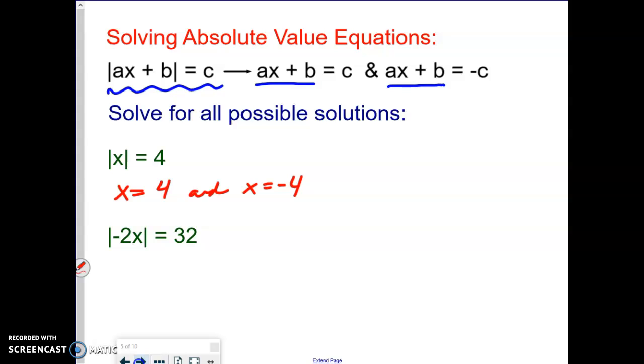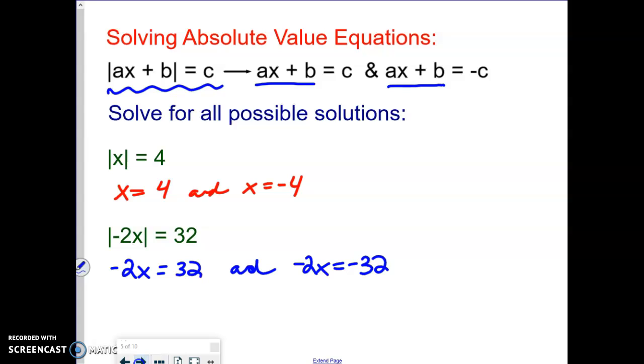So the next example, I've got negative 2x as my algebraic expression, and that is equal to 32. And so I say to myself, okay, here are my 2 options. Negative 2x, that whole thing, could equal 32, because the absolute value of 32 is 32. And negative 2x could equal negative 32, because if I plugged negative 32 into those absolute values, the absolute value of negative 32 is 32.